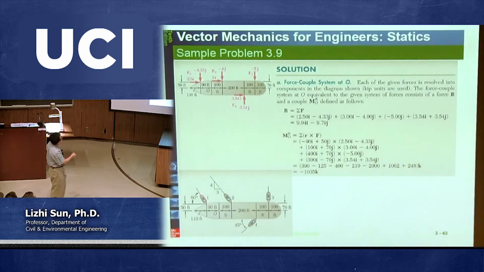So you need to split the 5,000 pounds in this direction into x and y components. If we are given an angle, this one times the cosine of this angle gives you the x component. So the x component is 5,000 times cosine 60.